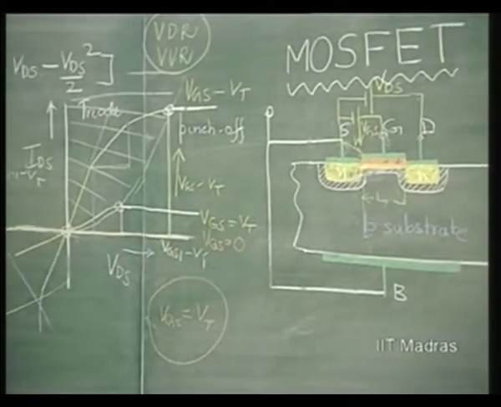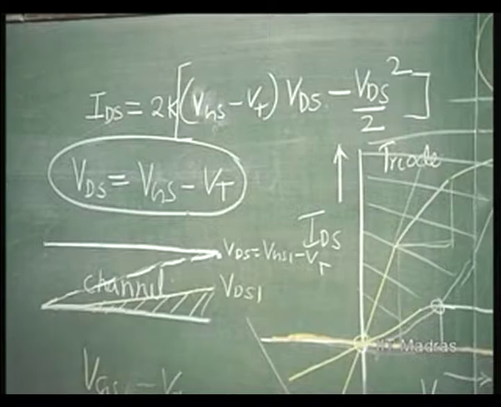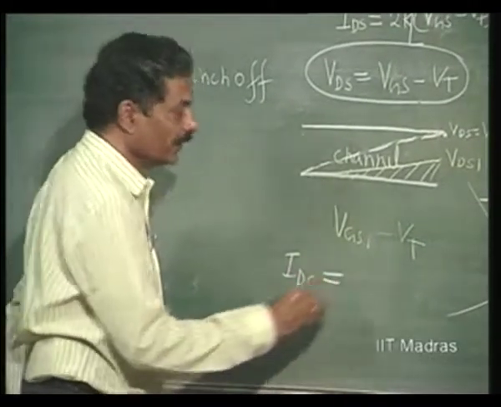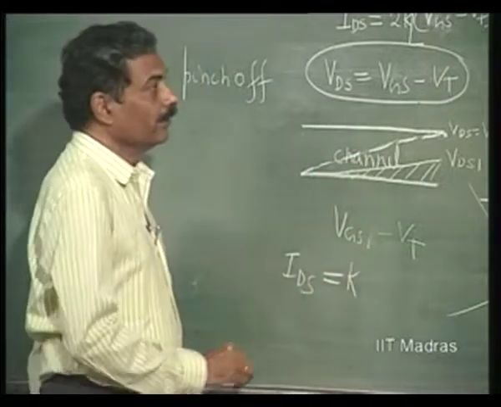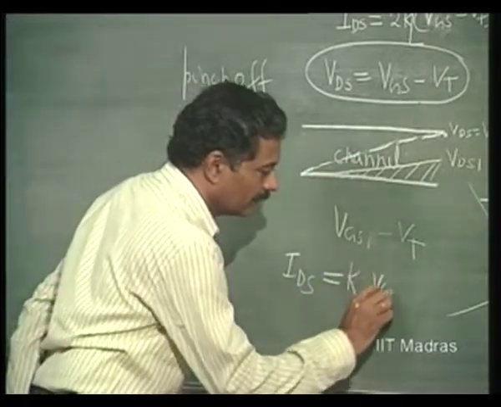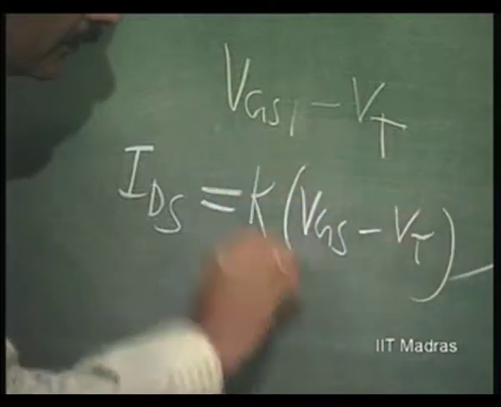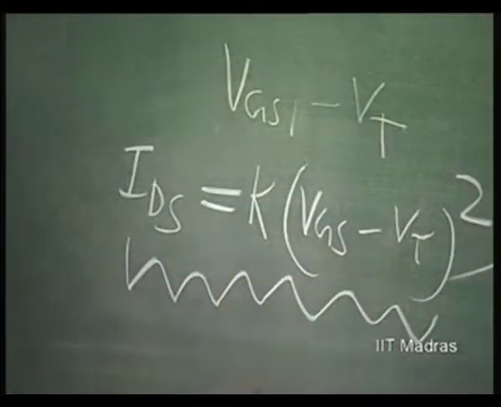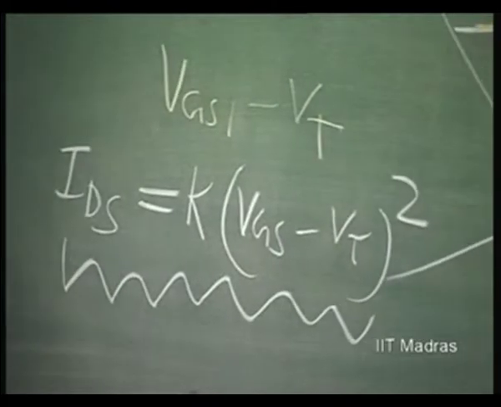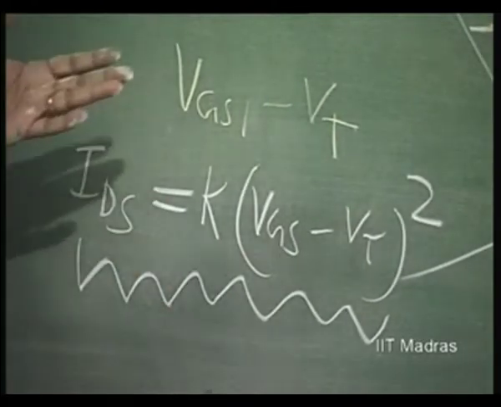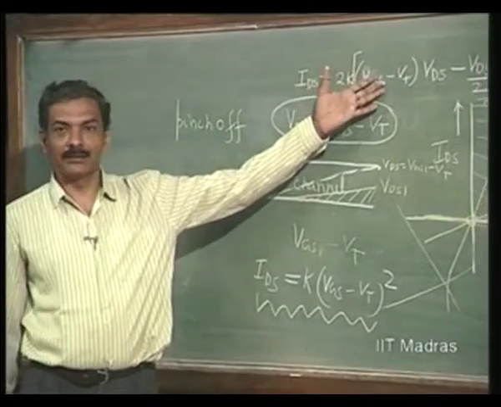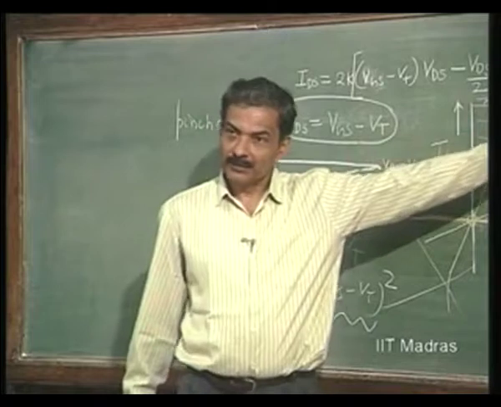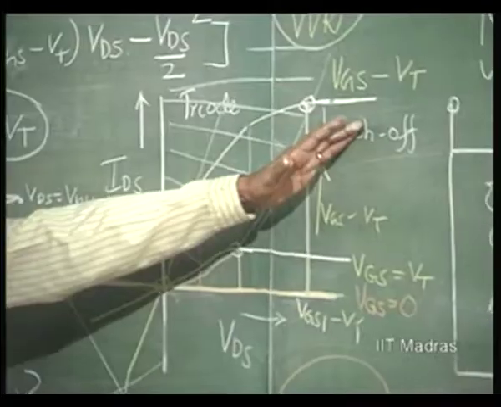So, substitute the value of VDS there and you get IDS equals K into VGS minus VT whole square. So, please remember now these simple equations which will depict the entire region of operation of the field effect transistor.